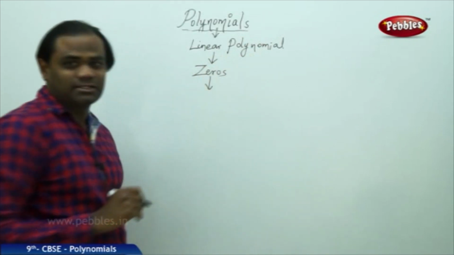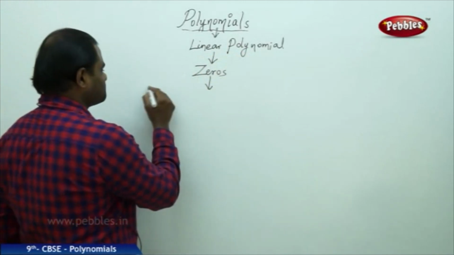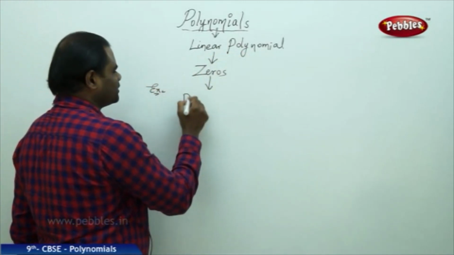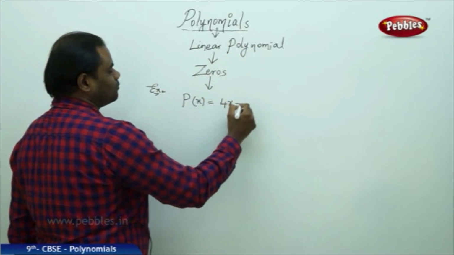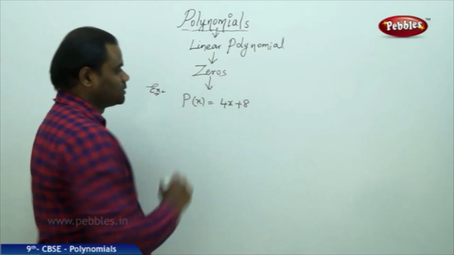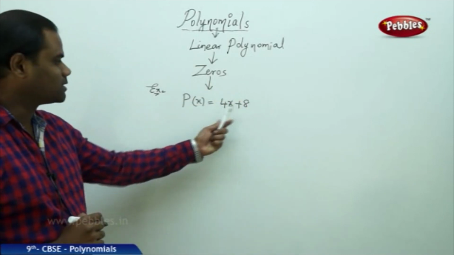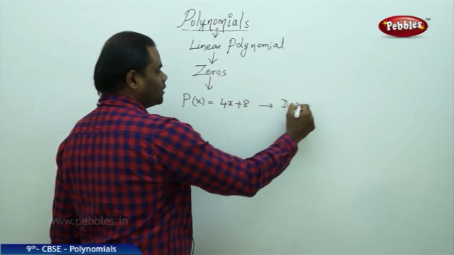For example, I take the linear polynomial p of x is 4x minus 8 or 4x plus 8, and I want to find the zero of this linear polynomial, which has degree equal to 1.